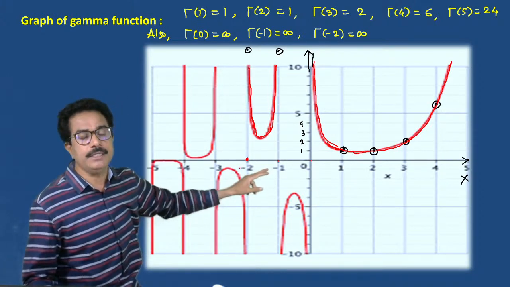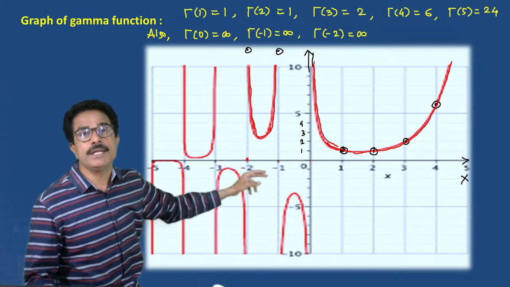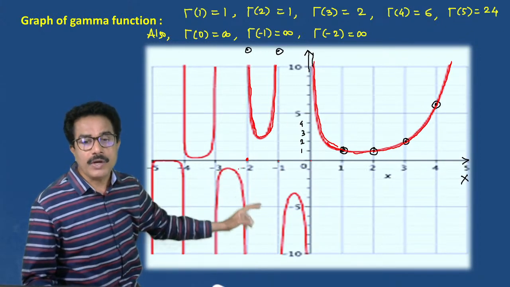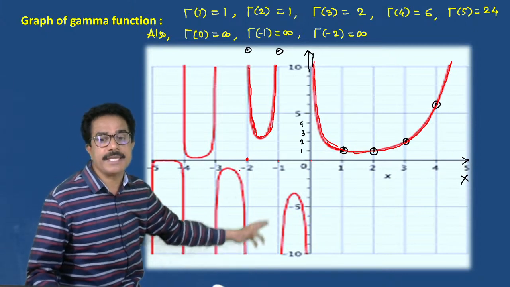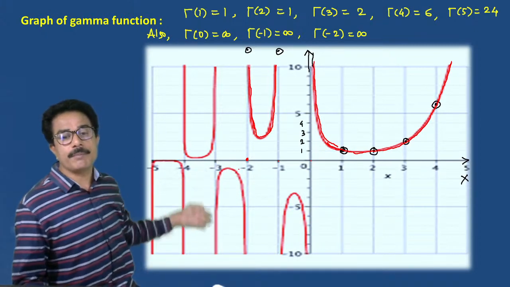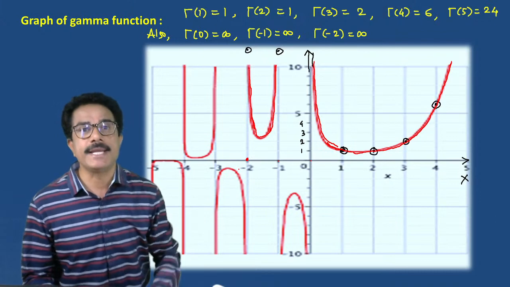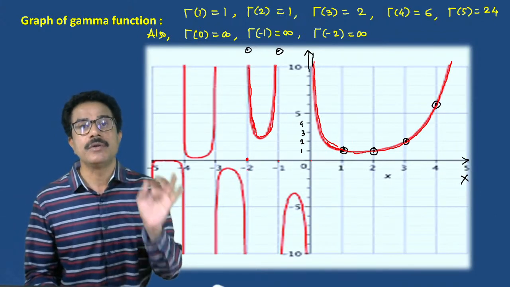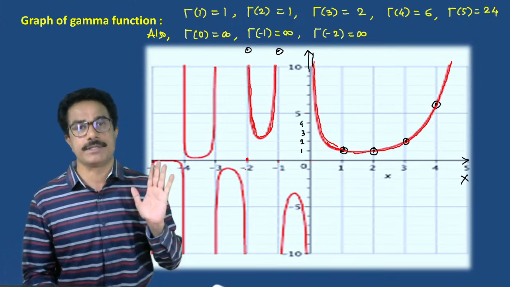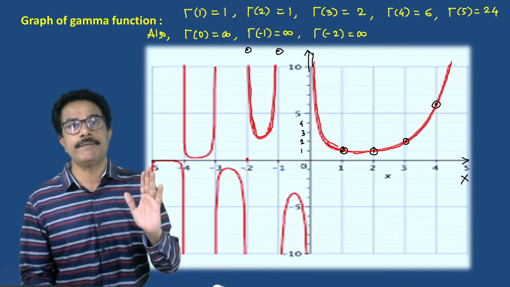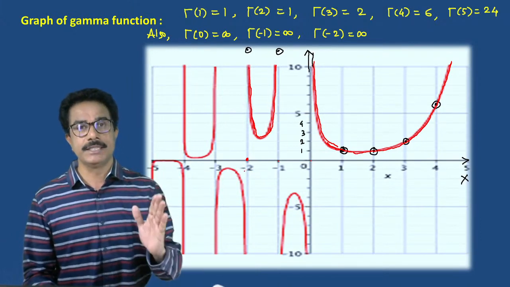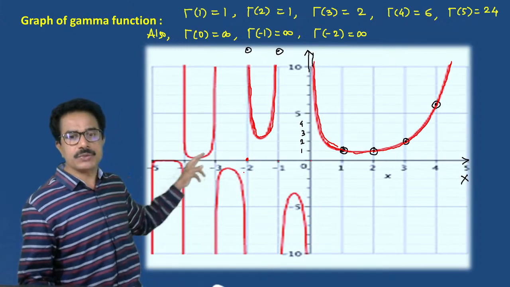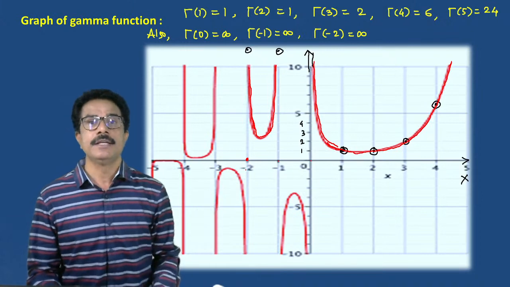Between 0 and minus 1, the values for negative non-integers look like this. So we can plot this graph by taking negative non-integer numbers. We can define the gamma function there, but for the negative integers minus 1, minus 2, minus 3 we can't define the gamma function.